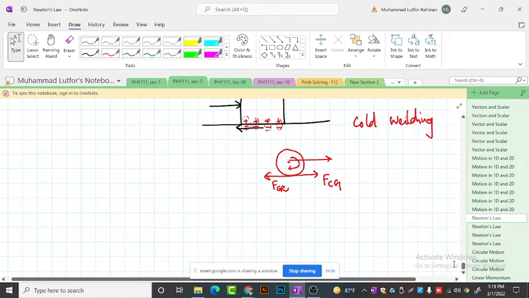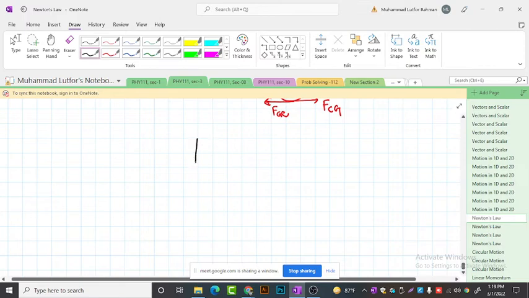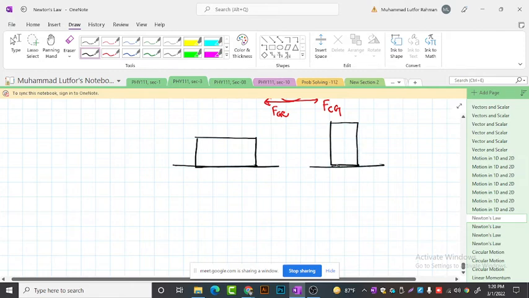And remember, this frictional force is independent of the surface area. Independent of the surface area means if you keep a block on a surface, whatever the frictional force acting on that block, if you change the orientation of the block to the vertical direction, it now covers less surface area than in the first case.